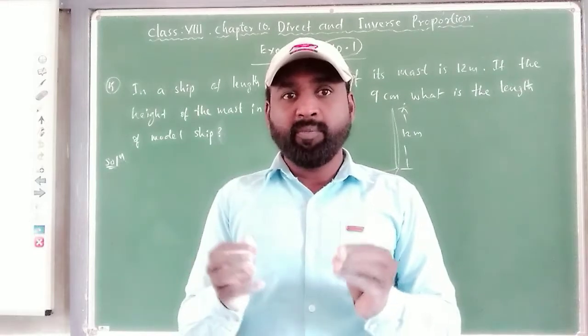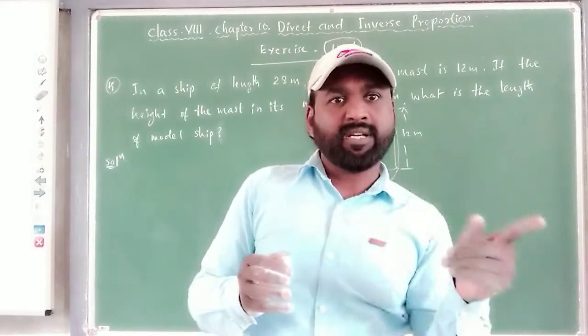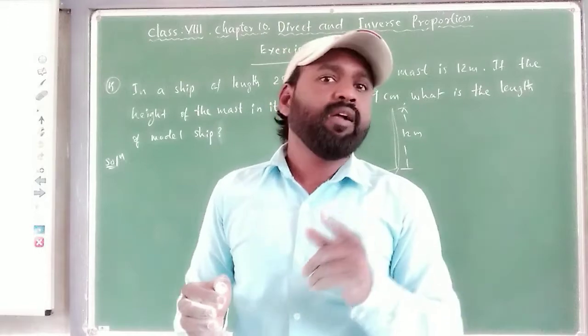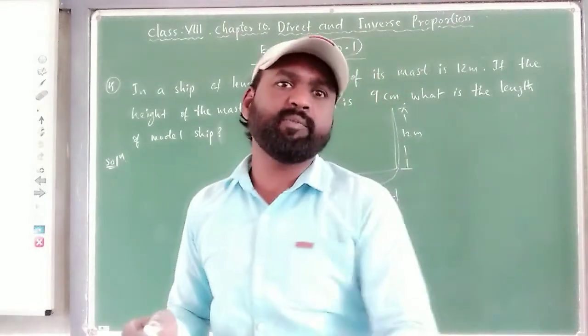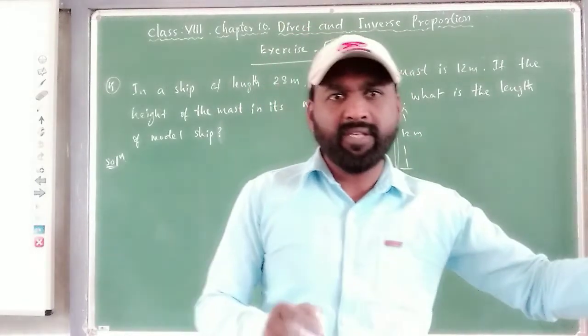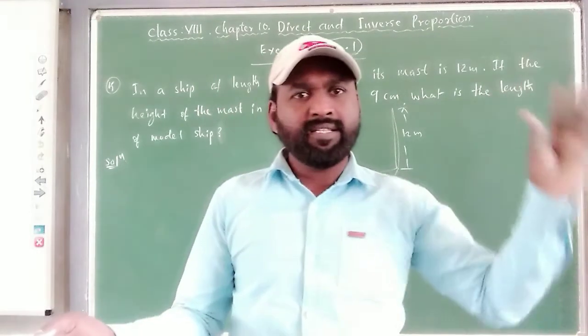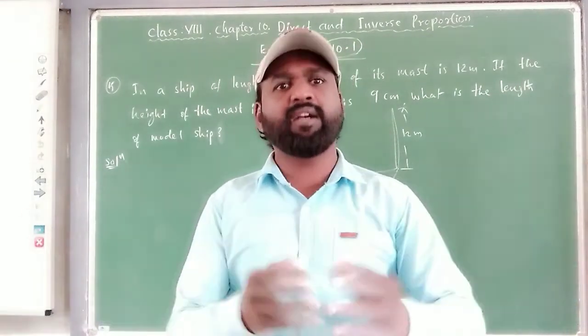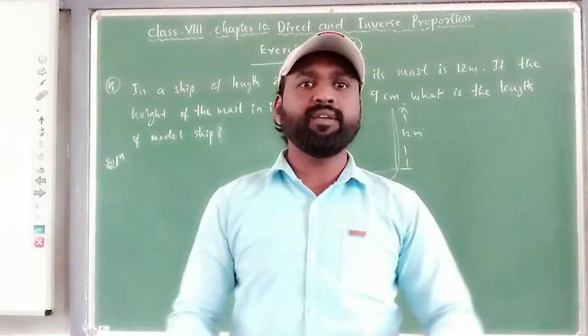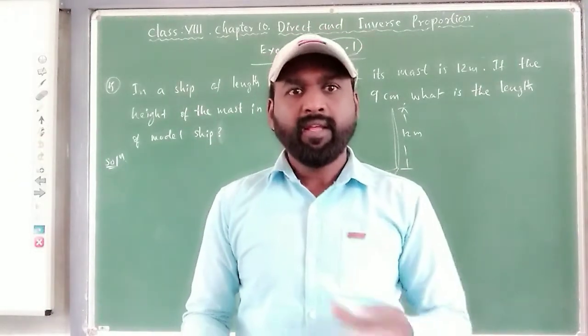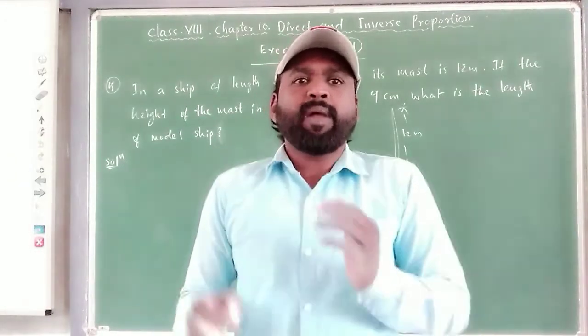Both the quantities should be in the same units. That means one is in meters, other one also in meters. One is in centimeters, other one also should be in centimeters. If one is in rupees, the other one also in rupees. One is in rupees, another in paisas, you cannot compare them. You have to convert the units to the same. Then only we can use the proportion.